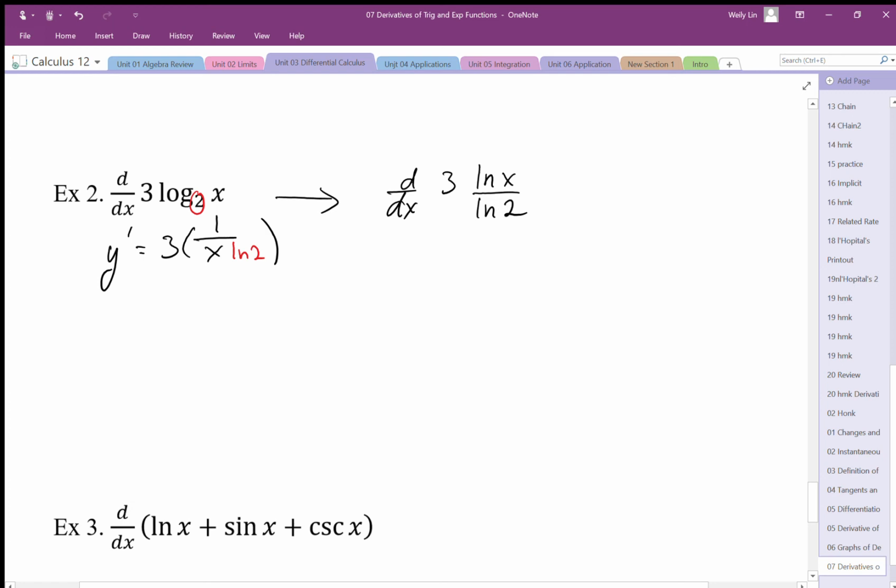So there it is. The base ends up in the denominator. Now this is all a constant value here. So when I differentiate this, I'm just going to keep this as 3 over log 2. And then I'm going to differentiate, and I'll color code this so that it just stays the same. I don't differentiate constants. And I'm going to differentiate this log x with 1 over x.